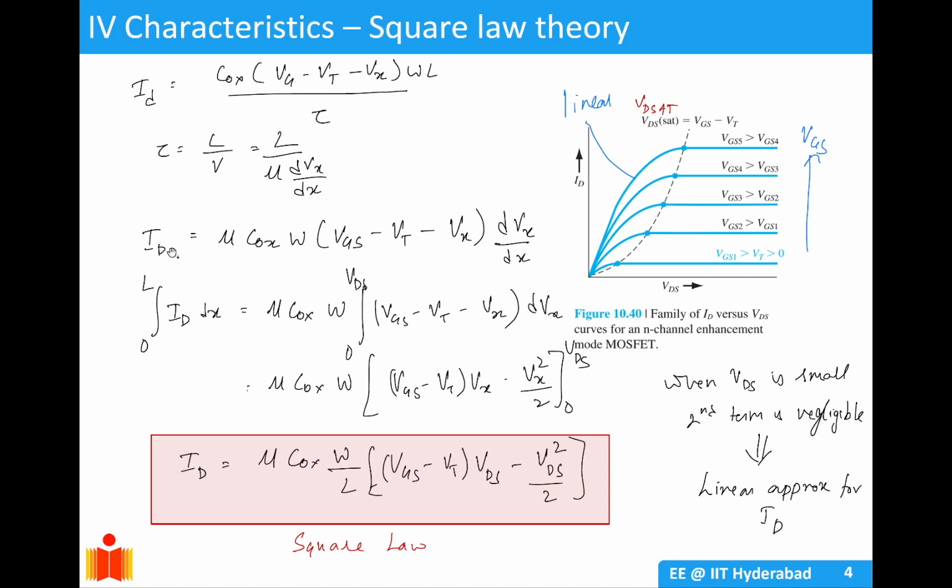When we put that here, ID equals mu Cox W (Vgs minus Vt minus Vx) dVx by dx, and we can then take dx here and integrate over the channel length, that is 0 to L, where L is the length of the channel, and we integrate this also over Vx, which goes from 0 to Vds.